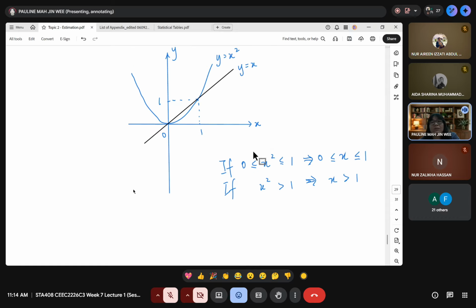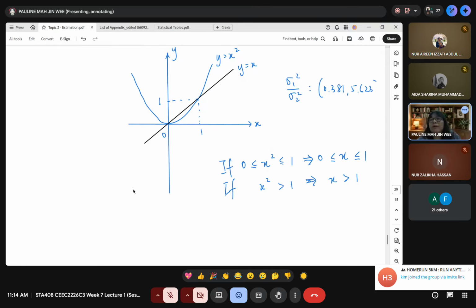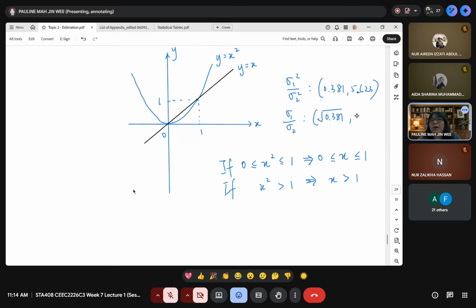So it simply tells you that whether you're working in terms of the ratio sigma 1 squared over sigma 2 squared, where you have 0.381 just now and 5.623, when you take your standard deviation sigma, you're actually taking the square root of this and the square root of this. Both of these values will still contain the 1 in the middle.